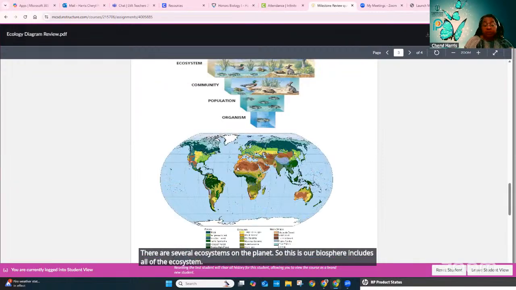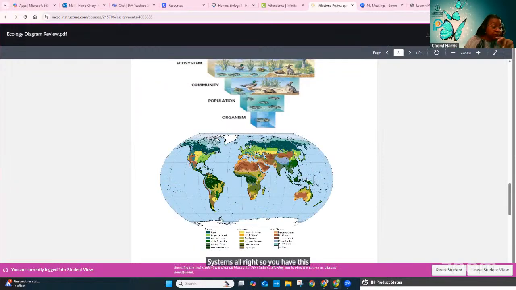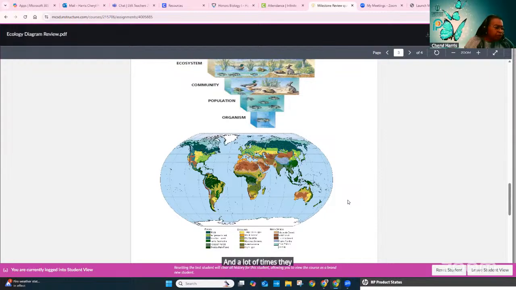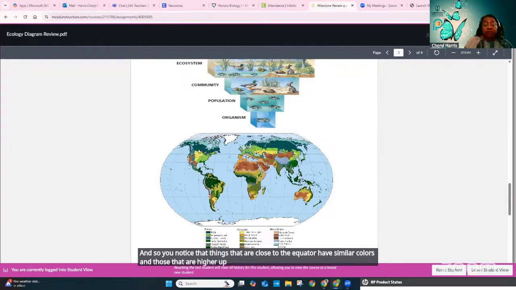All right, so you have this picture and you have a similar picture in your Canvas of this map. A lot of times they give you the map and they want you to understand the map. The map is divided into areas according to climate. You notice that things that are close to the equator have similar colors, and those that are higher up have similar colors, like the green areas way up at the top.